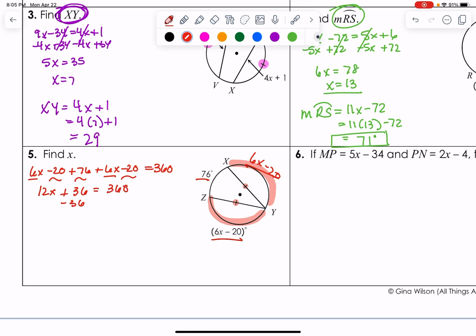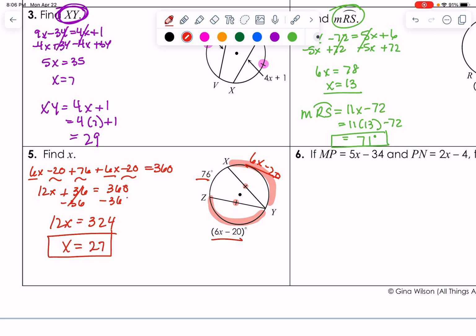So we're going to subtract 36 from both sides, so that I get 12x equals 324. We divide that by 12, and I get x is 27. So that wasn't bad. All I'm looking for is x.